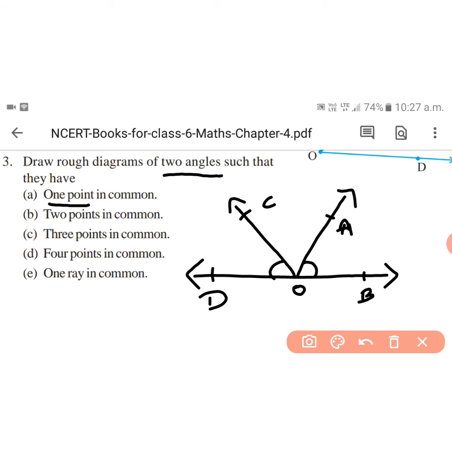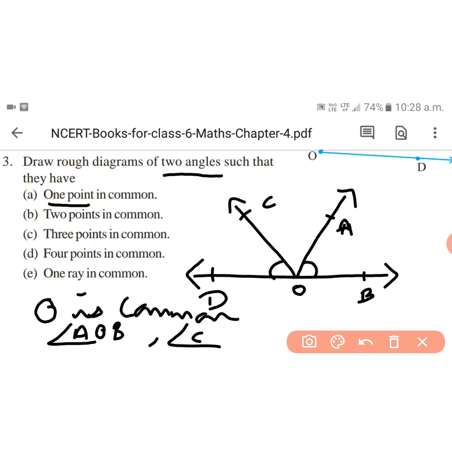O is common for angle AOB and angle COD.